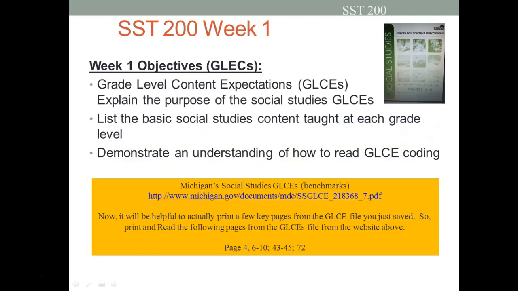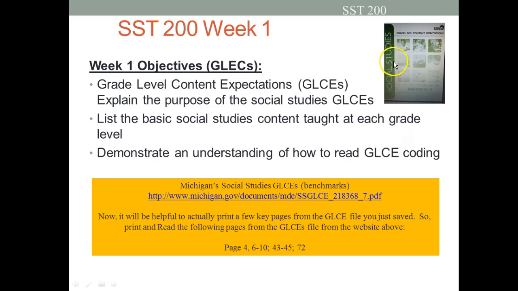So as you get into Blackboard, there's going to be some things in there that hand out for readings and also an overview with some practice test questions and stuff. And you're going to find objectives on those. So the objectives for the GLICs are real simple. You need to be able to explain the purpose of them. Okay? You need to list those basic content areas of what's taught at each grade level, and you need to be able to demonstrate how to read the GLICs.